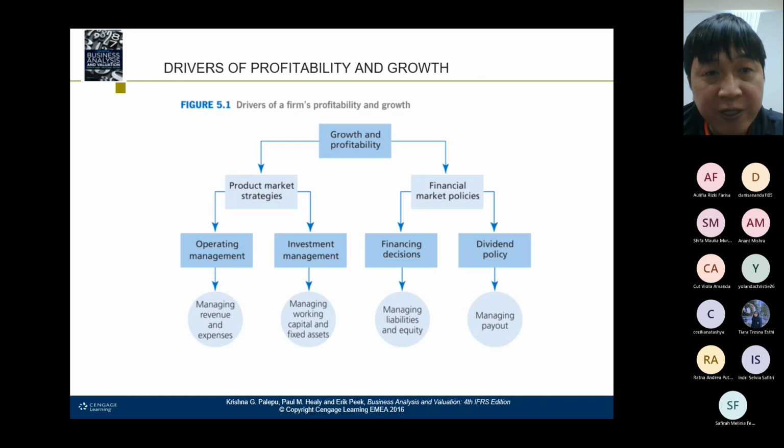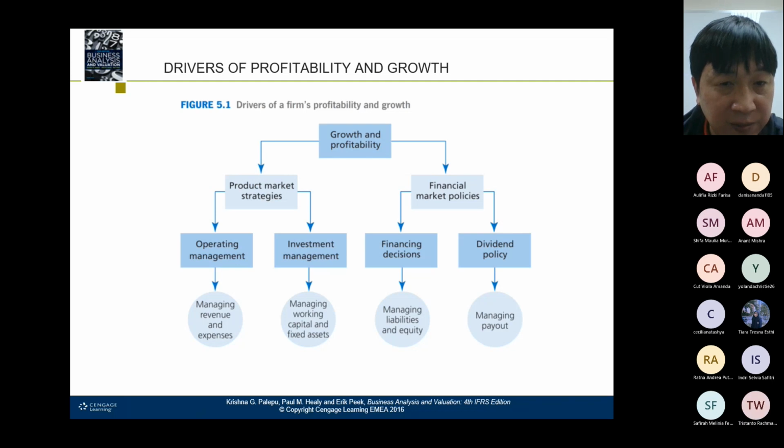Figure 5.1 introduces the drivers of firm profitability and growth. As you see, there are two markets, product markets and financial markets. Product markets are supported by operating management and investment management, and financial markets are supported by financing decisions and the dividend policy.